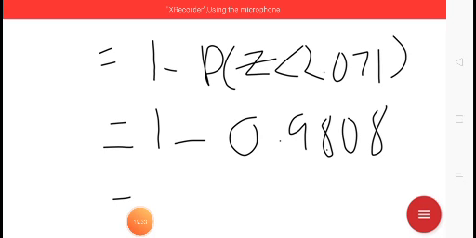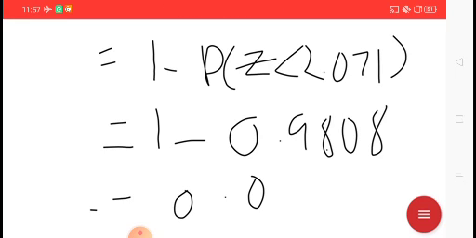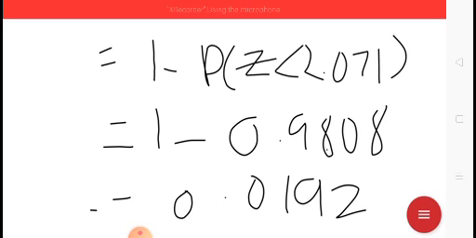Once you subtract this, you will have 0.0192. Okay, so this is the probability of type 1 error. So this is for part 1.